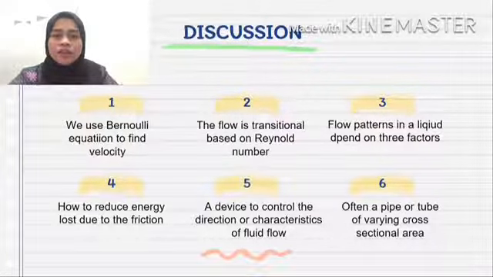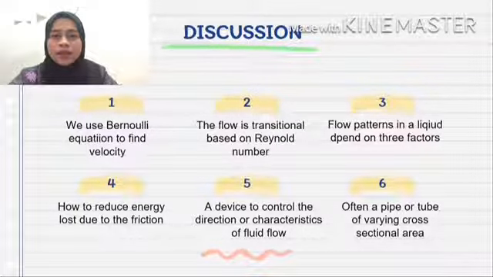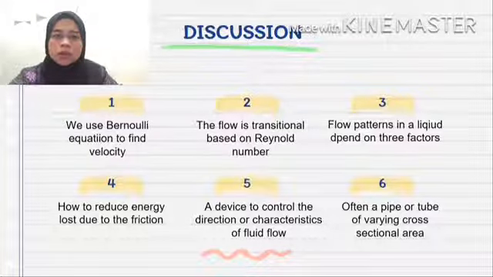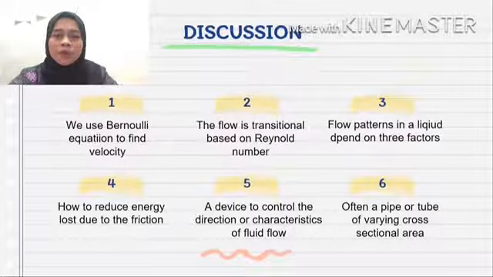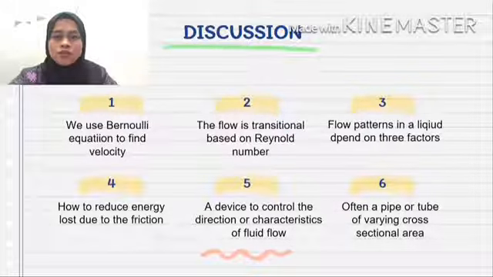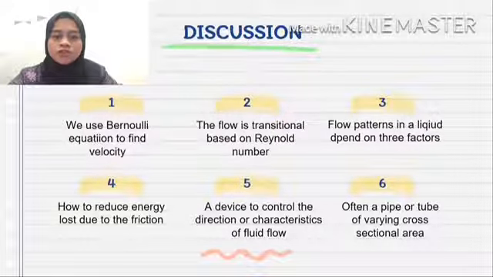Then we calculate the head loss at the entrance and throat. The head loss at the entrance is equal to 54.7718 meter, while the head loss at the throat is equal to 109.5437 meter.